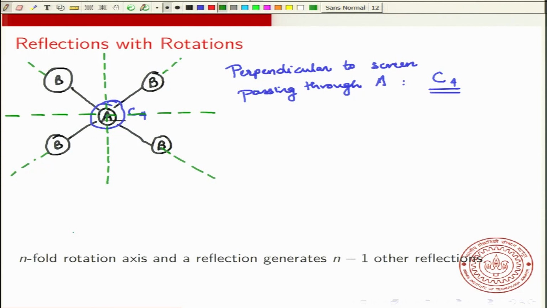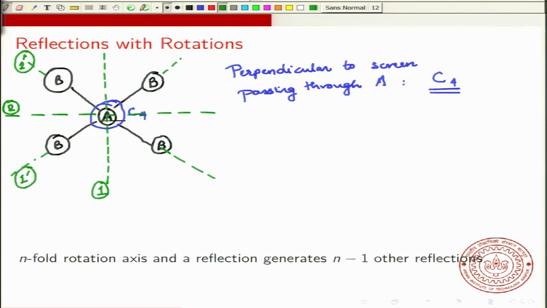So, for example, if you take this mirror plane, I will call it 1, and perform a C4 operation, then you will get mirror plane 2. Similarly, when you take this mirror plane, I will call it 1 prime, and perform a C4 operation on it, you will get mirror plane 2 prime.